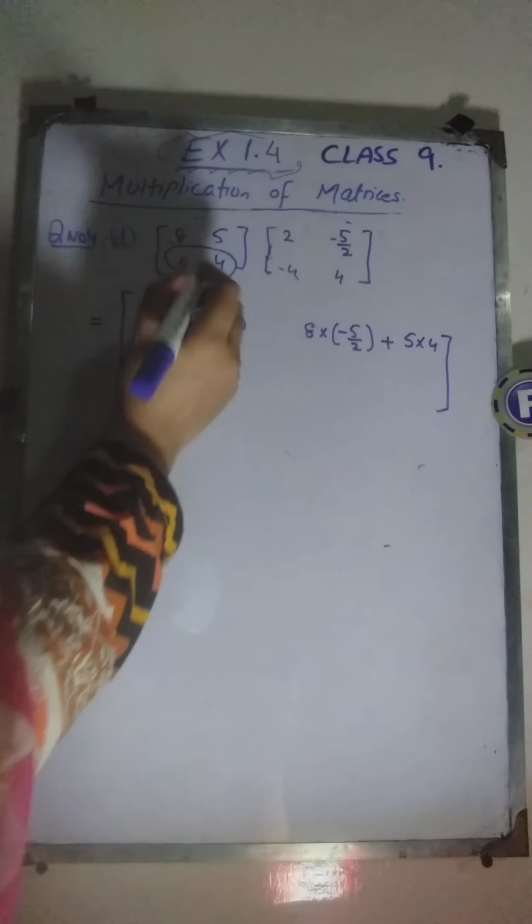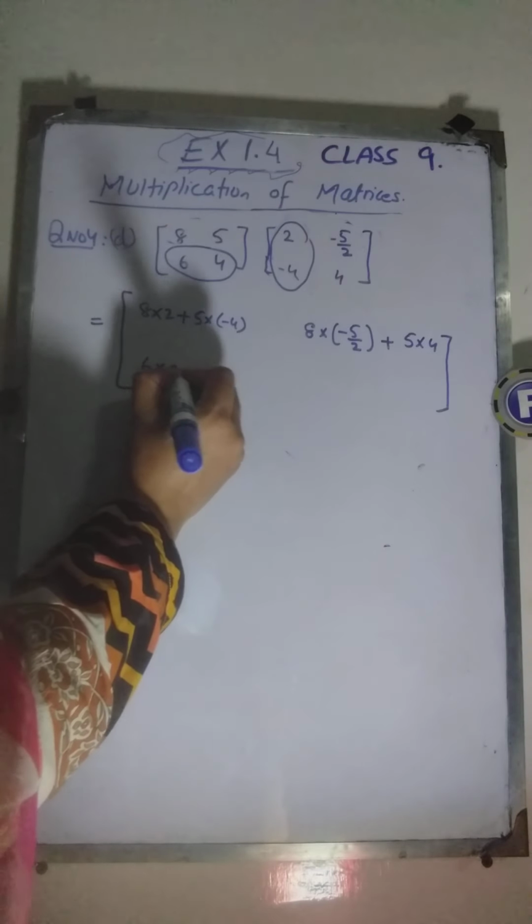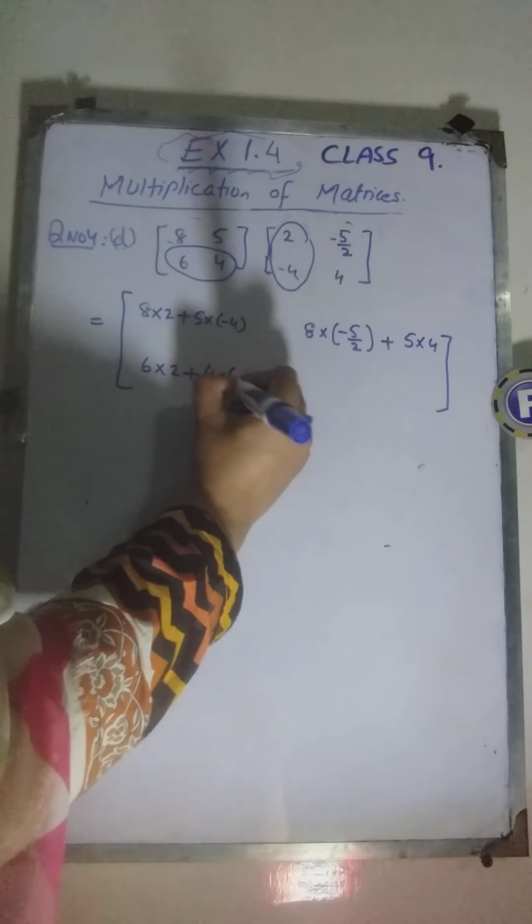Now multiplying the second row with the first column, what do we get? 6 will be multiplied with 2. 6 into 2 plus 4 will be multiplied with negative 4.